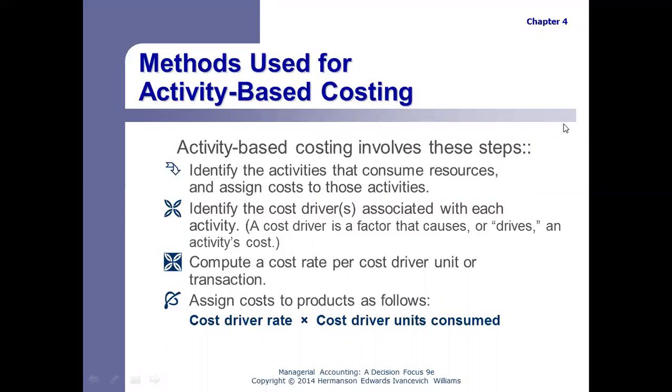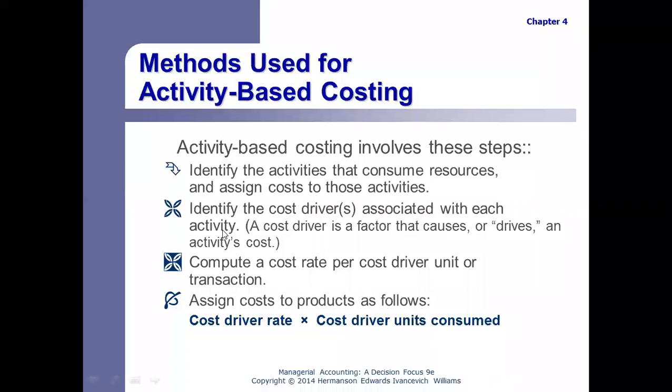A third activity might be putting together the rice and the spam. Those are steps in the process, and we're keeping track of our costs for each of those steps. We're going to eventually put all those steps together to get the cost of a single spam musubi. So first, identify the activities.